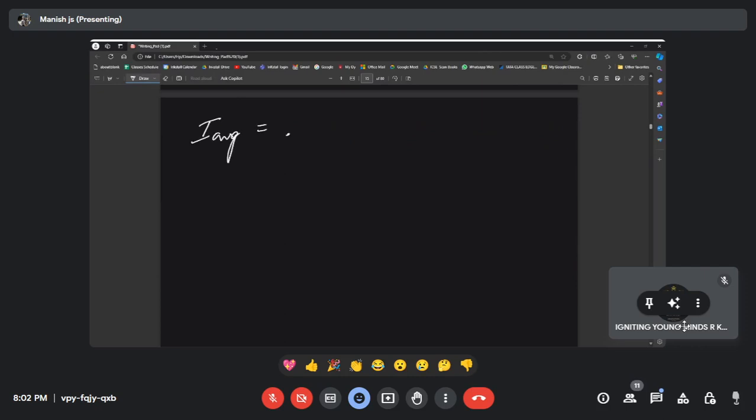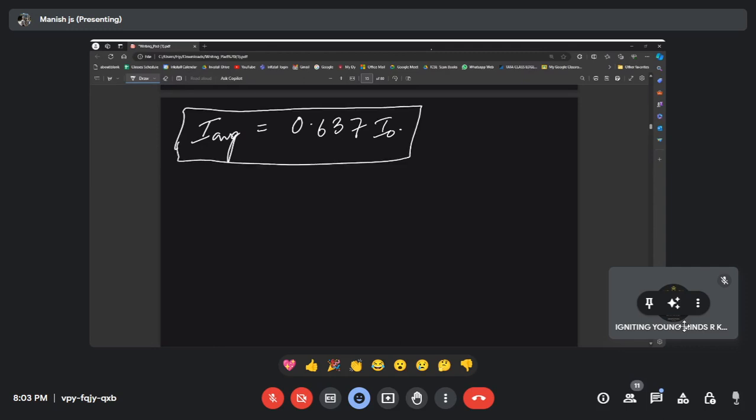It can be expressed for half cycle as 0.637 I naught. This is the average value of AC over the first half cycle. Okay, this value, so you can directly substitute and you can find out, provided peak current value is given.